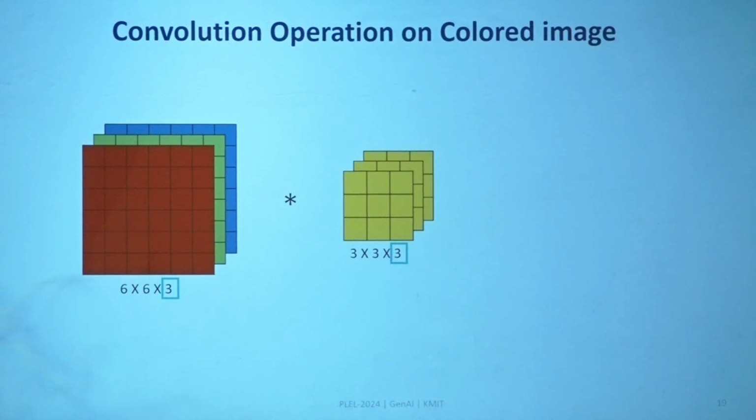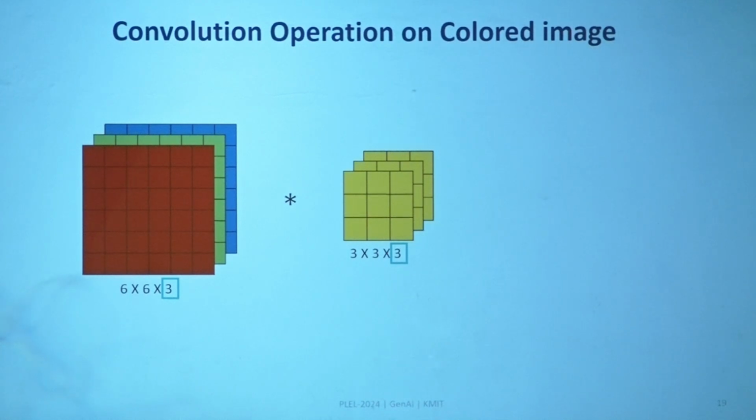Now tell me, what could be the dimension of the feature map? Anyone? Getting my point? The color image is 6 by 6 by 3, and it is convolved with a 3 by 3 by 3 filter. The last 3 is the channel representation because it is color.